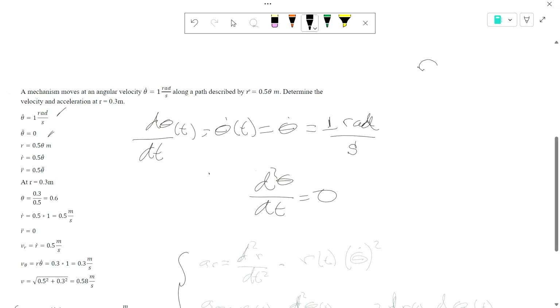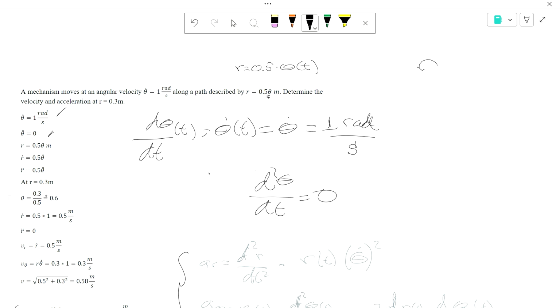Now r is given, it is 0.5 theta. So this function is part of a function. At every point, r is given by 0.5 times your theta. So you can integrate this, or simply evaluate theta.